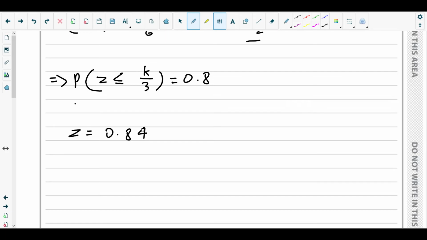How much area do we want? We want area 0.8. You don't need to change the standard deviation and the mean. Since Z is the standard value, the mean will be 0 and the standard deviation will be 1. It's already given in the system. So press equal, and it will be 0.8416. We can take 0.84, exactly up to 2 decimal places.